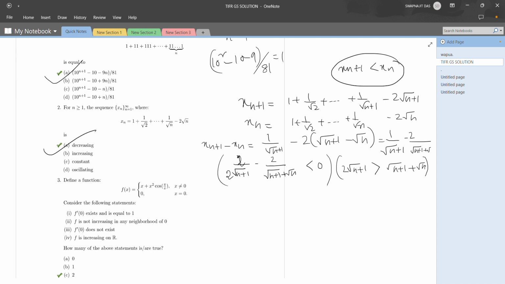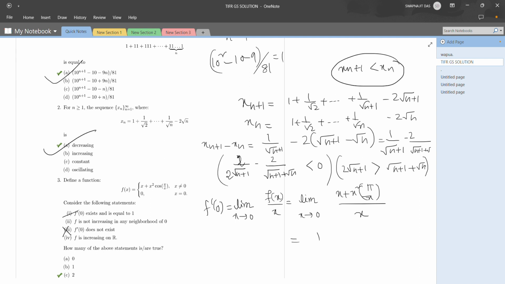You can easily check that limit x goes to 0 of f(x) by x, which is equal to limit x goes to 0 of (x plus x square pi by x) by x, is 1. That means this statement is correct, that f dash 0 exists and is equal to 1. That means this one is false.